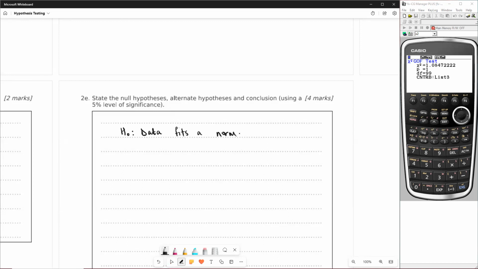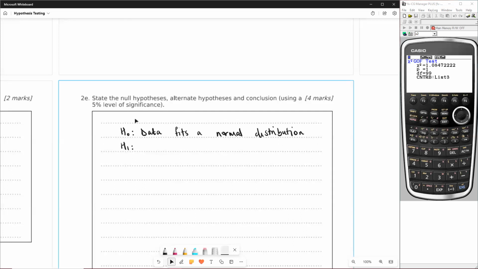And the alternative hypothesis is that it does not fit this. Doesn't fit the normal distribution. It's the opposite of what we just wrote down.